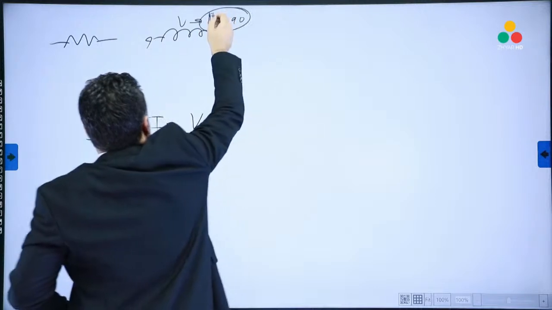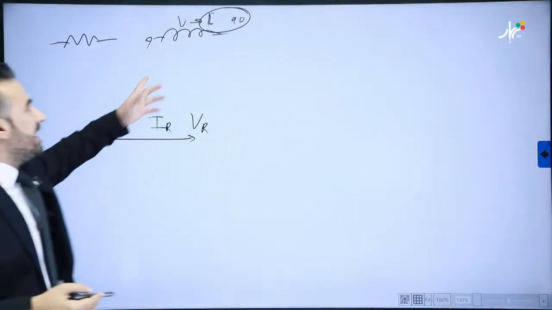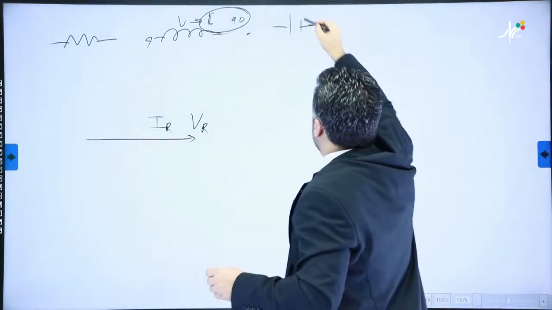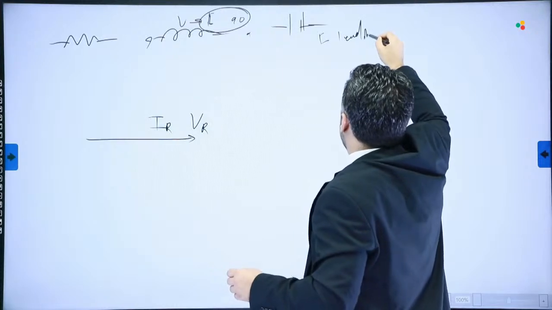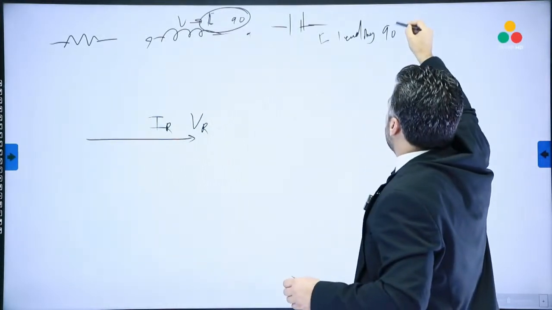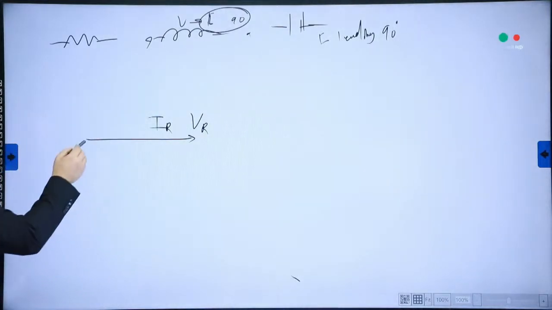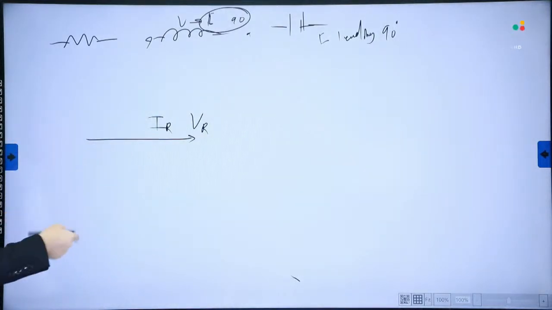Then for the capacitor, the current is leading by 90 degrees here. Because remember, we're trying to find the total current.